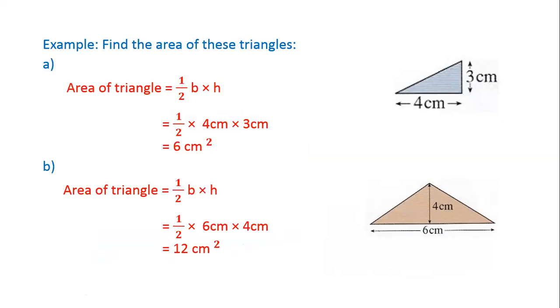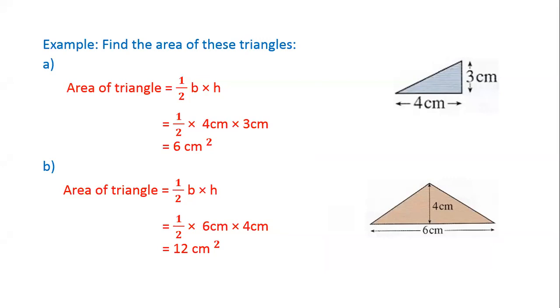Once you see a question about area of triangle, you have to recall from your mind the formula of a triangle. Area of a triangle is 1 over 2 multiplied by B multiplied by H. B is the base, already in the question, 4 centimeter, multiplied by H, which is 3 centimeter.